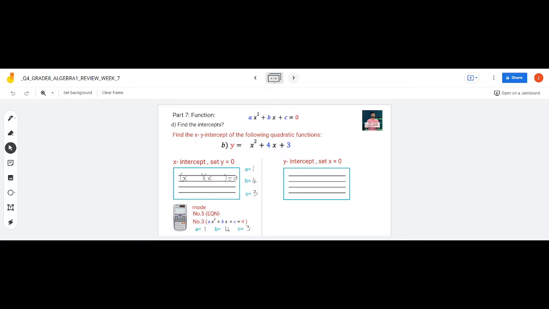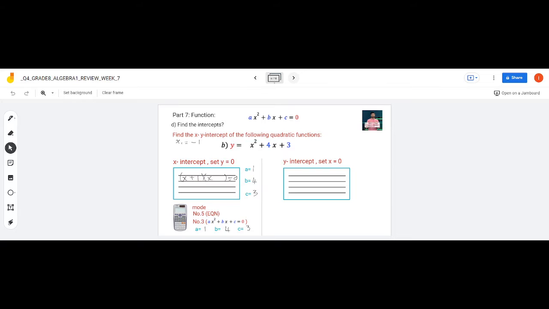So if I put that in my calculator, a is equal to 1, so 1 for a, 4 for b, and 3 for c. My first x value is -1, which is going to become +1 in the bracket.